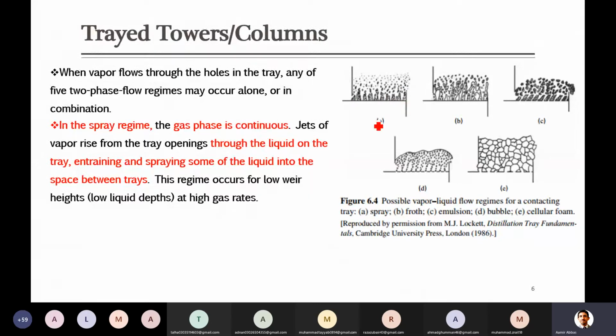So what will happen when a large amount of vapor comes in contact with the liquid, it will disperse all the liquid towards the top, creating some kind of spray or showers here. So this is the first kind of regime, which can occur when there is a small amount of liquid on the surface, or otherwise if you install a small weir. In that case, if the weir is small, there is not much hold up of the liquid.